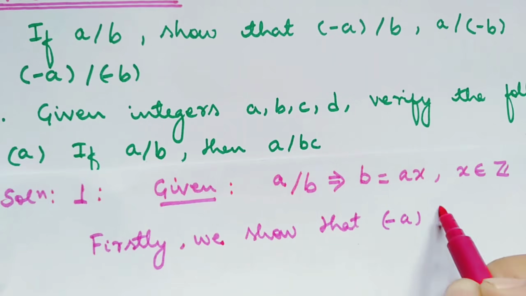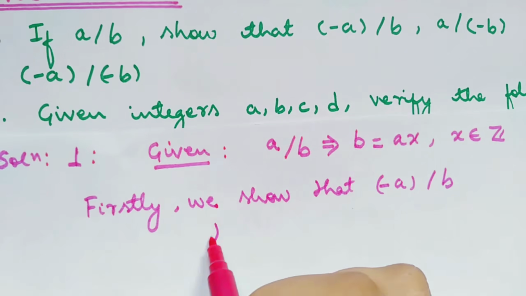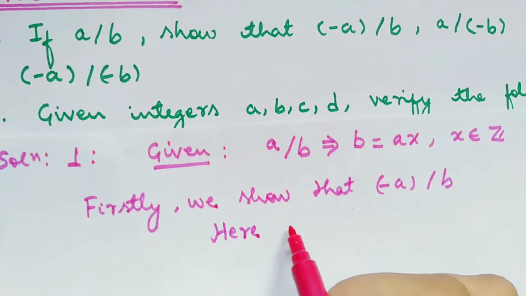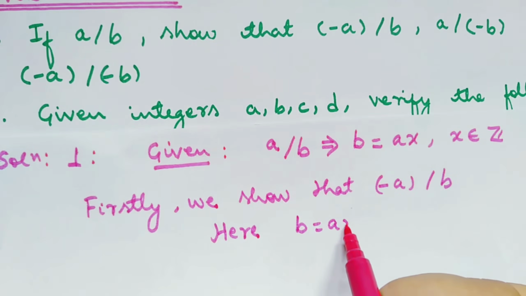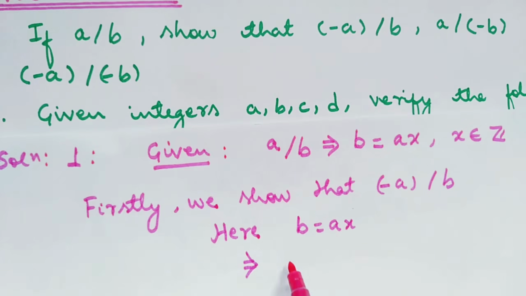So from here, B equals AX, and we want to get minus A. So what shall we do?